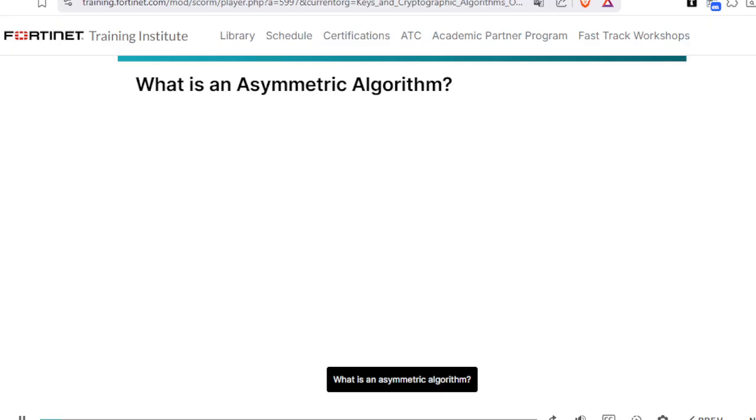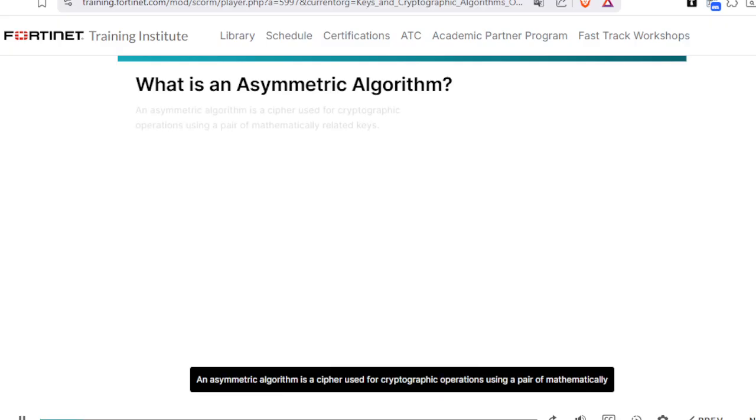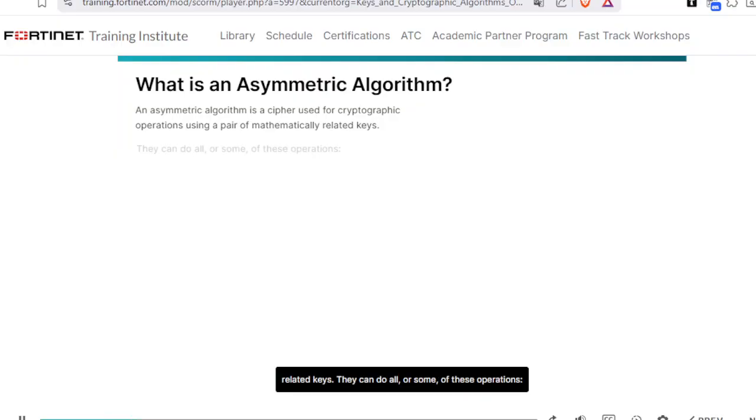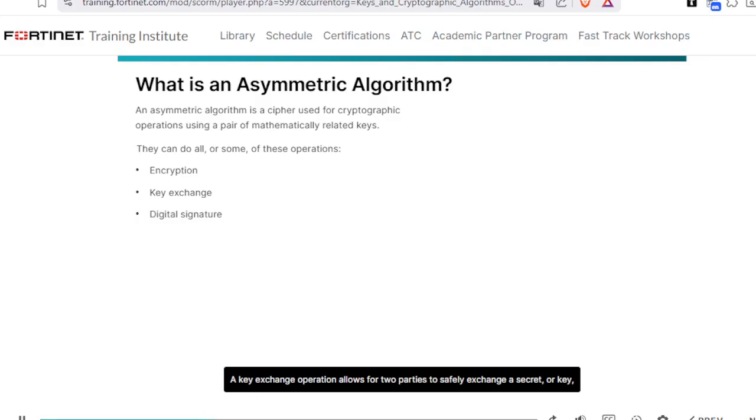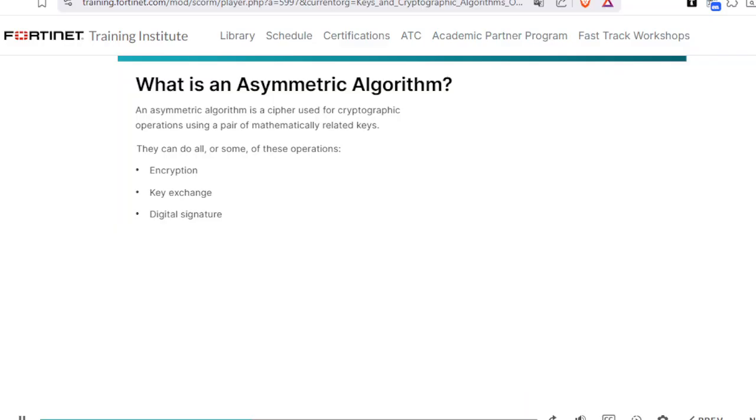What is an asymmetric algorithm? An asymmetric algorithm is a cipher used for cryptographic operations using a pair of mathematically related keys. They can do all or some of these operations: encryption, key exchange, digital signature. A key exchange operation enables two parties to safely exchange a secret or key over a public channel, such as the internet.